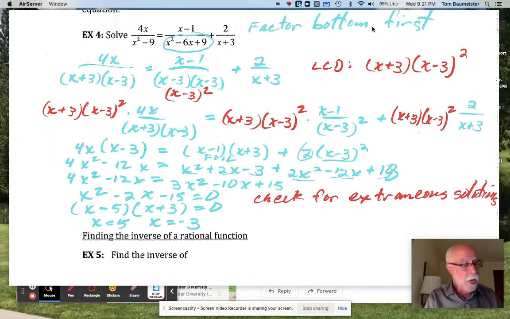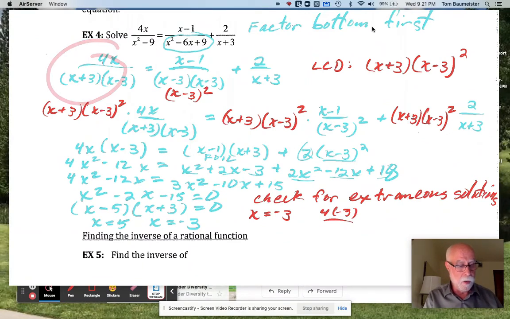All right, and on this one here, I'm going to show you the one that's not going to work. Because if I plug in x is equal to negative 3, and again, if I plug it in just to the first one there, I'll have 4 times negative 3. And when I say the first one, I'm talking about this, because remember, we're going to plug it into the original equation.